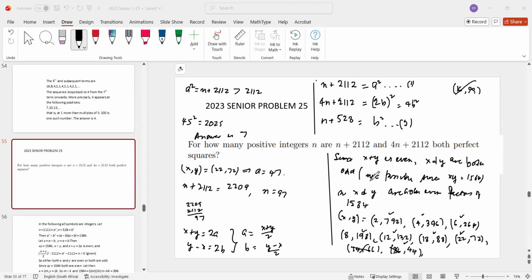So if n is 97, you want 4n plus 2112. 4 times 97 is 388, plus 2112. Ah, that's 2,500. And that's beautiful. That's 50 squared.